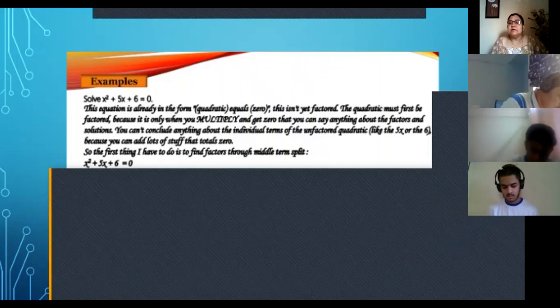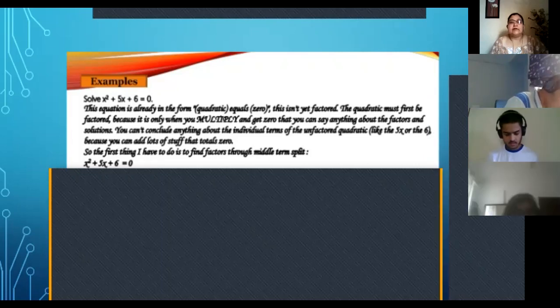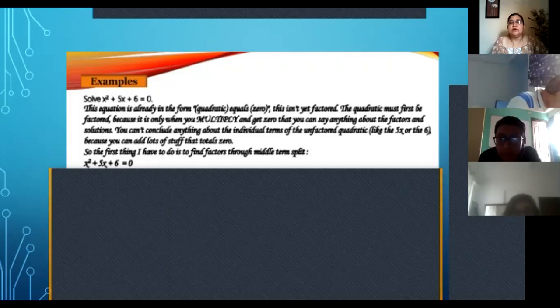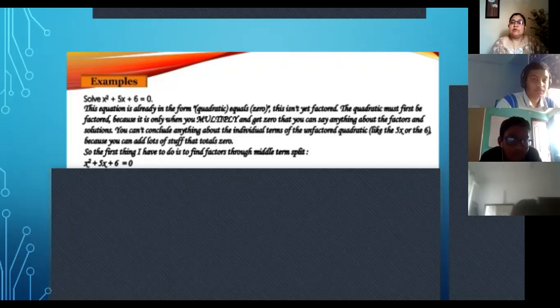This is not from the textbook, it is from outside. I'll read it out. Solve it by the factorization method: x square plus 5x plus 6 equal to 0.